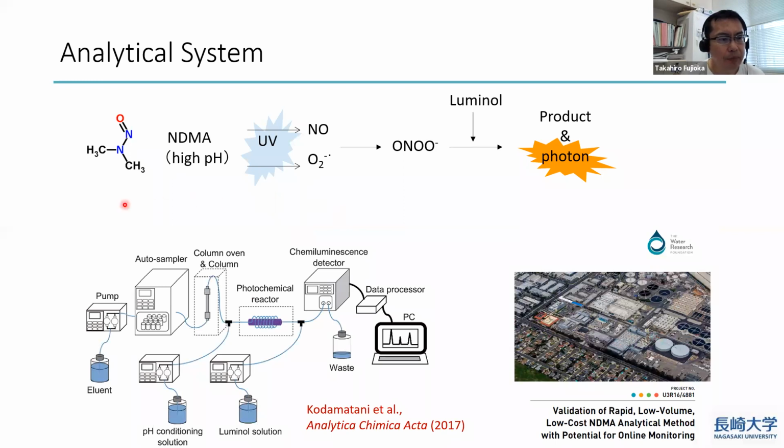The system is based on the mechanisms here. NDMA separated by the HPLC will go through UV irradiation, and the peroxynitrite will react with the luminol, and we get photons. Depending on the intensity of photons, we determine the concentration of NDMA.